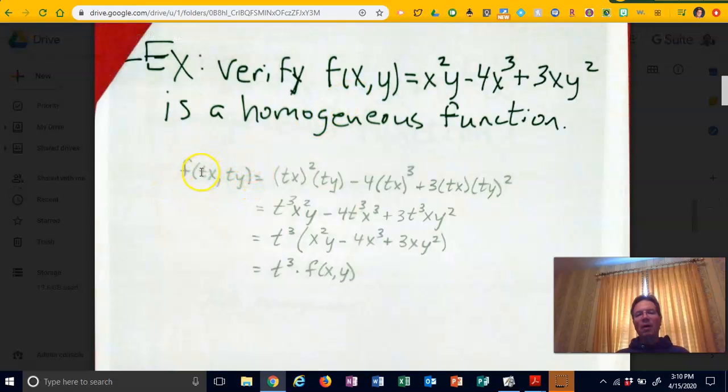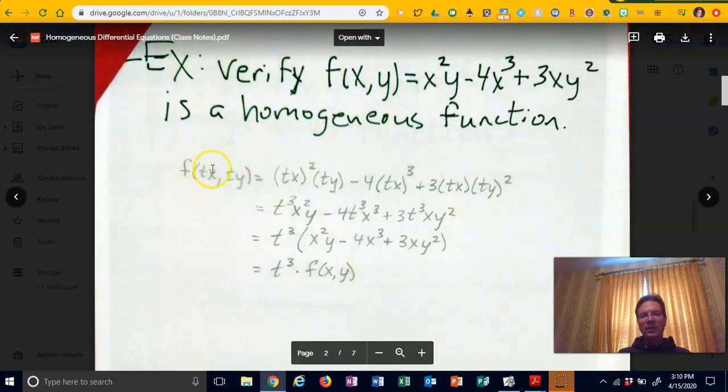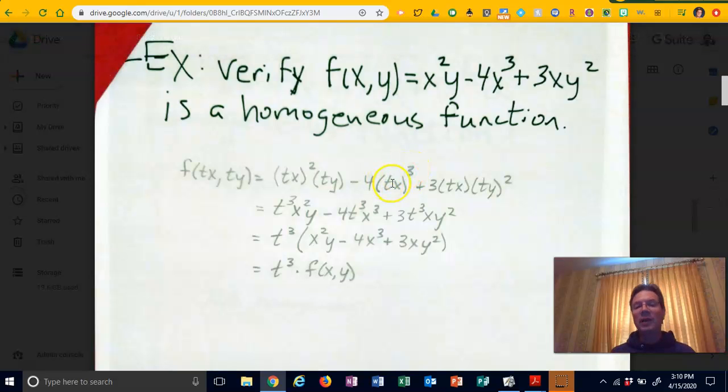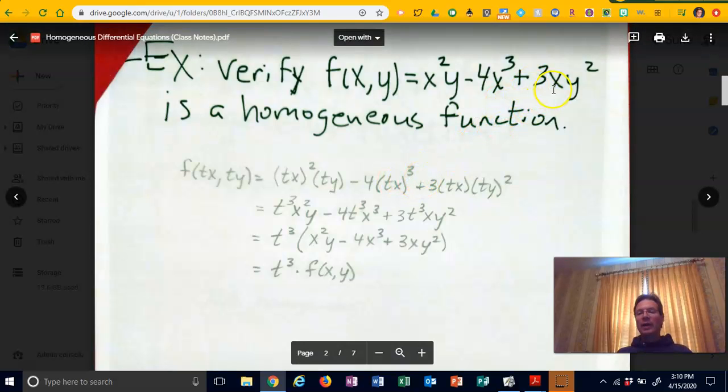So the function is now replacing what was in the x position, tx, and what was in the y position, ty. So I'll get, here's an x, I'll get tx, and that is being squared. Here's a y, I'll replace that with ty, minus 4 times, there's x again, it gets replaced with tx, and it's being cubed, so it's tx in parentheses cubed, plus 3, there's x, so it gets replaced with tx, and there's y, it gets replaced with ty, but it's being squared, all right?